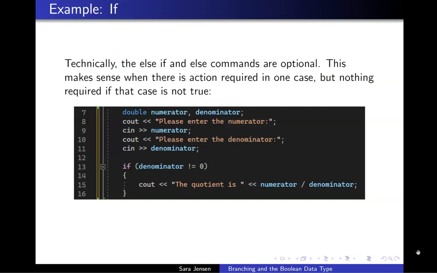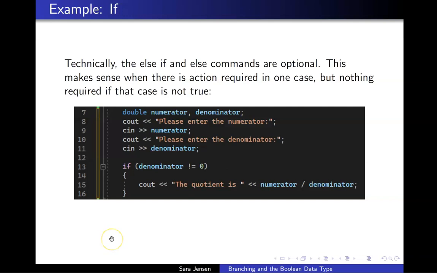What we have here is a small program asking a user to give us a numerator and a denominator, and the purpose of the program is to print out the numerator divided by the denominator. However, there's a rule in division that we're not allowed to divide by 0, and since the user is entering the numbers, it's possible that they could enter a value of 0 for the denominator.